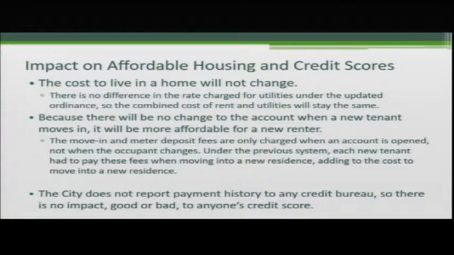So that means every tenant doesn't have to pay a new account fee and a deposit. It's a one-time thing on the property, so that'll be much more affordable for tenants when they move in. They don't have to pay those fees. But then again, there's agreements between the landlords and the tenants. The landlords can do what they deem appropriate to cover those costs spread out over time. So once again, that would be a benefit to the tenant to not have to pay those fees when they move in.